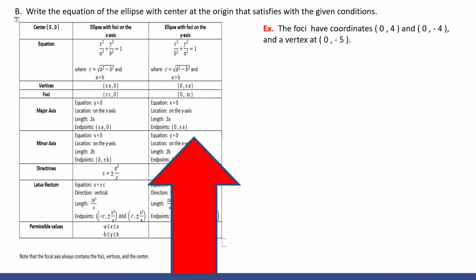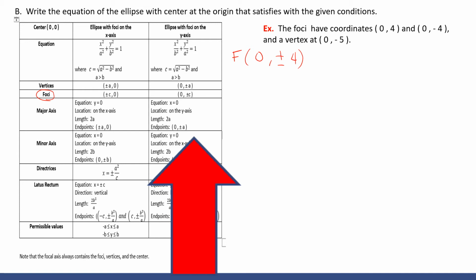From the given, foci have coordinates 0, 4 and 0, negative 4. So kung isusulat natin yung f, we have 0 and then plus minus 4. If you look at our pattern, alin kaya yung may coordinates na 0 plus minus a certain value? Diba ito yung foci? Okay? Sa unang column, sa unang pattern, we have these coordinates plus minus c, 0.